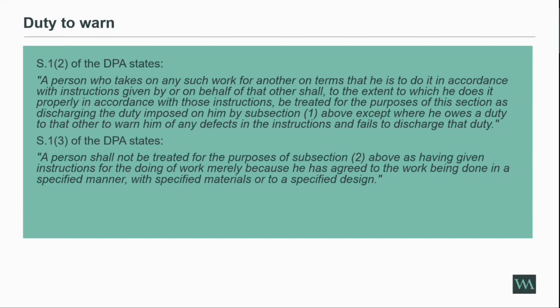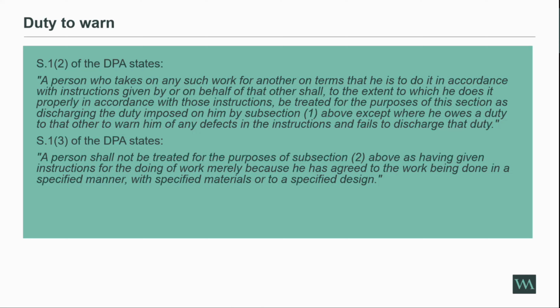So if a party can say that they, and the wording is properly, followed instructions, they can effectively be deemed as discharging the duty that was imposed on them in subsection 1 that we've spoken about. Now, I think this is very fact specific in the circumstances.